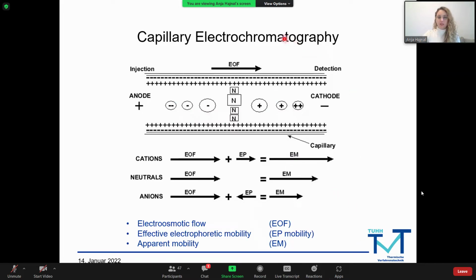In this case, electroosmotic flow has a direction from our anode, which is a positively charged electrode, to our cathode, which is a negatively charged electrode.